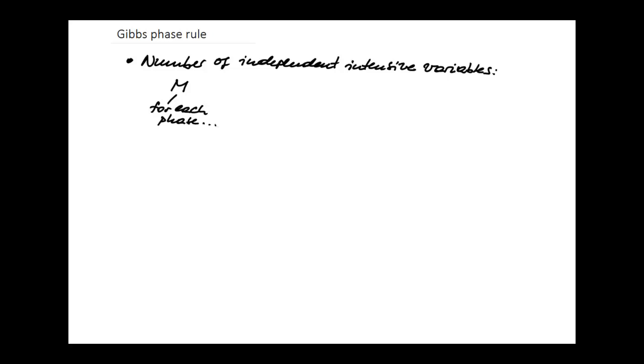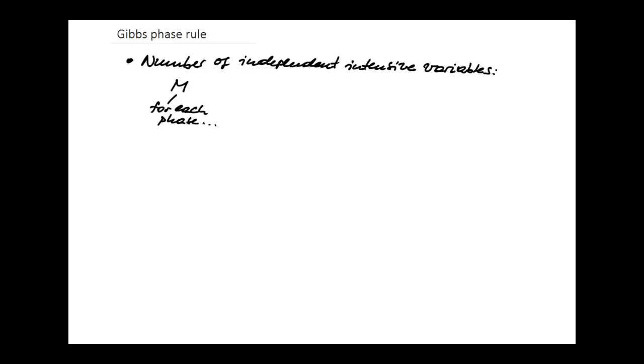And in each phase, the concentrations of the various molecules are characterized by these relative abundances of the molecules. We have L different molecules, so we have L relative abundances, but they are not all independent because they must add up to 1.